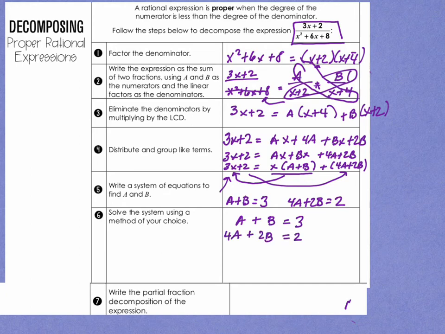You can pick whatever method. I'm going to do elimination. I'm going to multiply the whole first equation by -2 so that I can add. That would be -2A minus 2B equals -6.